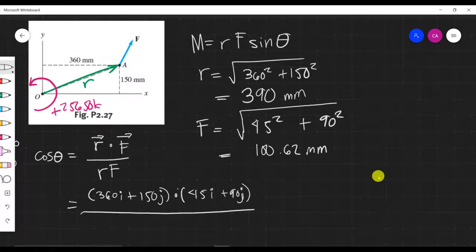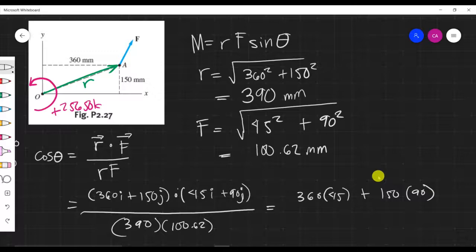Over 390 yung magnitude R. Then magnitude 100.62. Ganyan. Equals yan sa 360 times 45 plus 150 times 90 over 390 times 100.62.